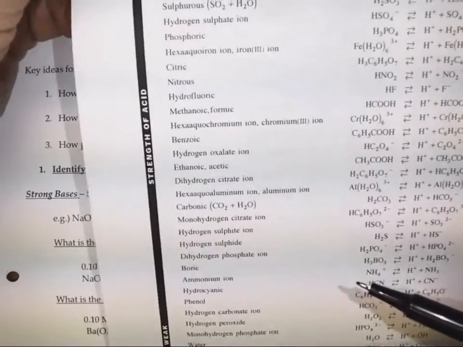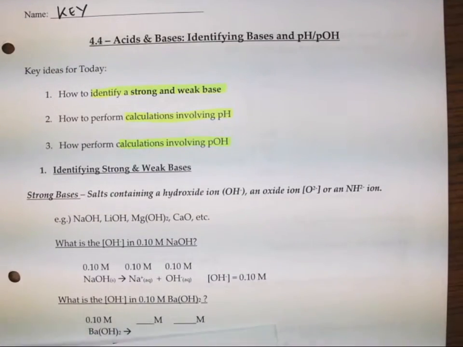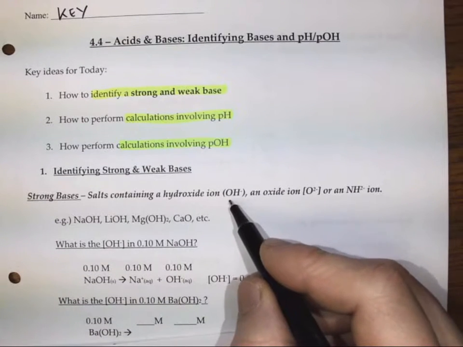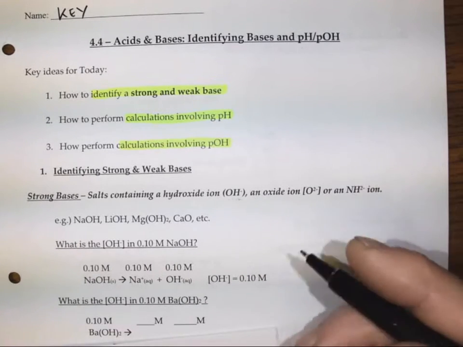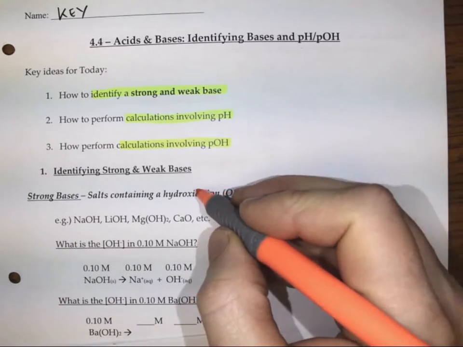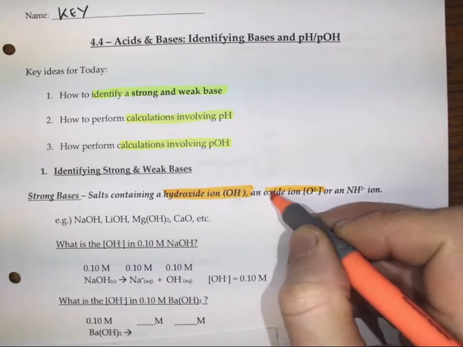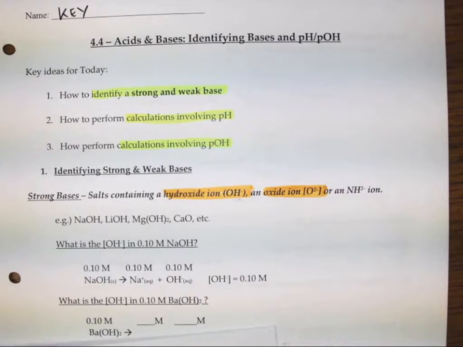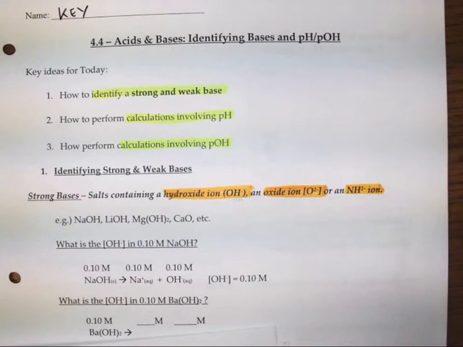Okay. So for strong bases, what we're really looking at is a salt that contains a hydroxide ion. Of course, that's the sort of ion that contributes to alkalinity or basicness. So we want either a hydroxide ion or an oxide ion, which is an oxygen with two negative charges, or an NH2 negative ion, which for the moment the name escapes me.